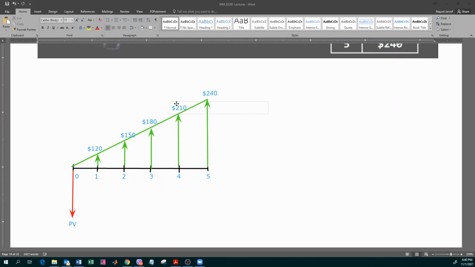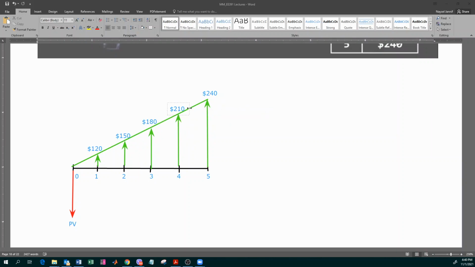In this particular scenario, we apply the G. This is an arithmetic gradient, but there are some conditions. It's not as straightforward as how we were doing annuity.